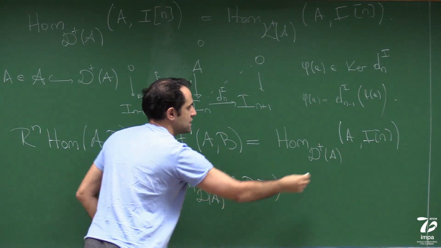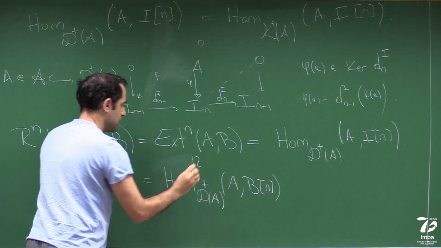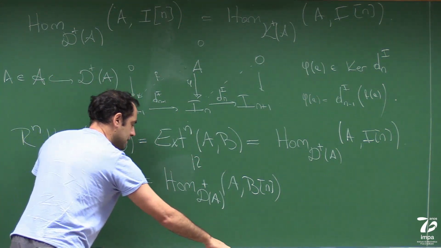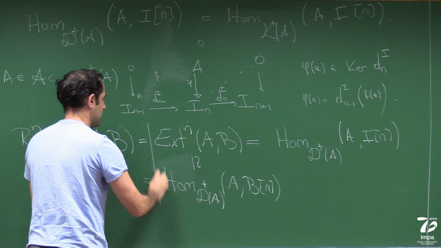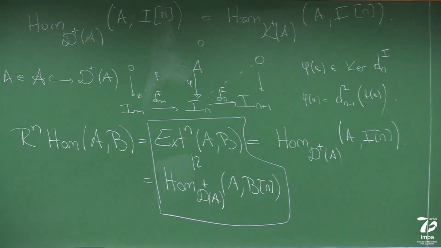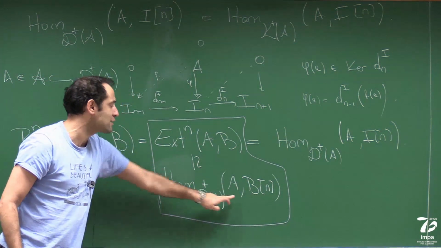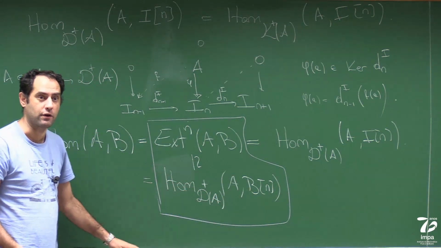This is just simply because I and B are isomorphic in the derived category. So I get this equality, which is an interesting equality, that Ext groups between, say, just two modules is the same thing as shifting one by n and looking at actual honest homomorphisms in the derived category between these two complexes.